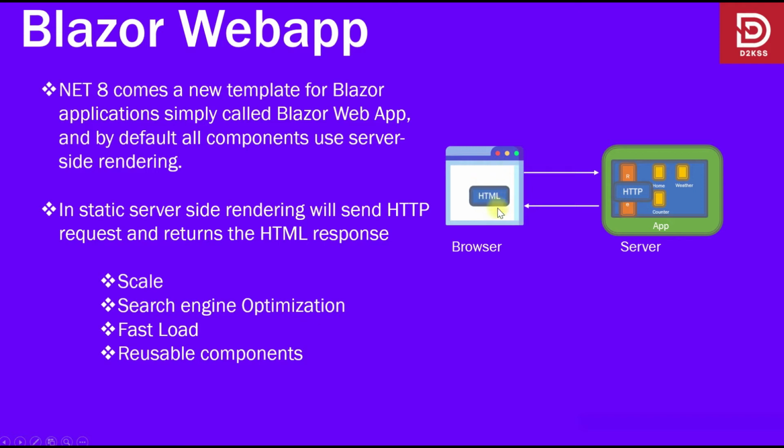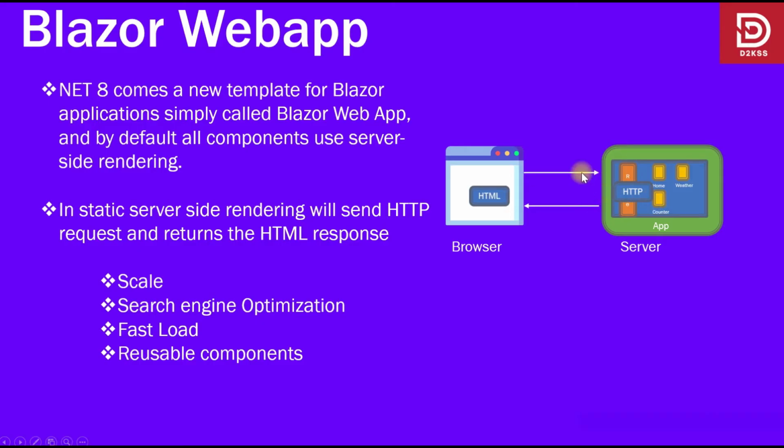That HTML will be rendered at the browser, and the end user can see the response. So nothing has changed from what we use in the MVC or Razor templates. We send the HTTP request, it is processed at the server, and that HTML response is sent back to the client.